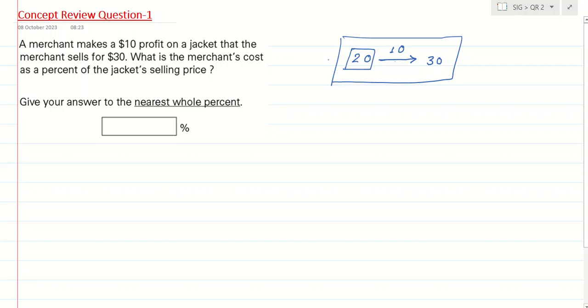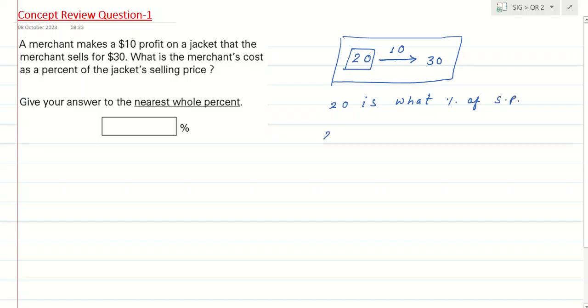The question is, what is the merchant's cost price as a percent of the jacket selling price? So it means 20 is what percent of the final value, the selling price?